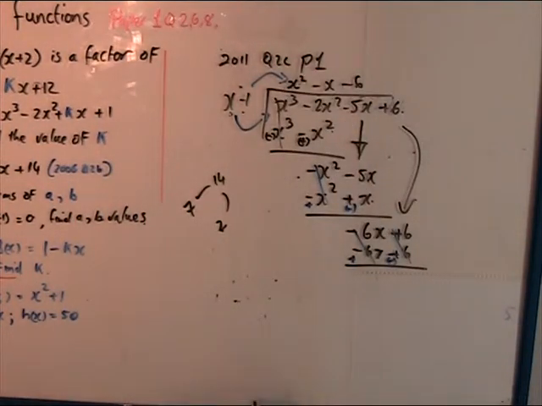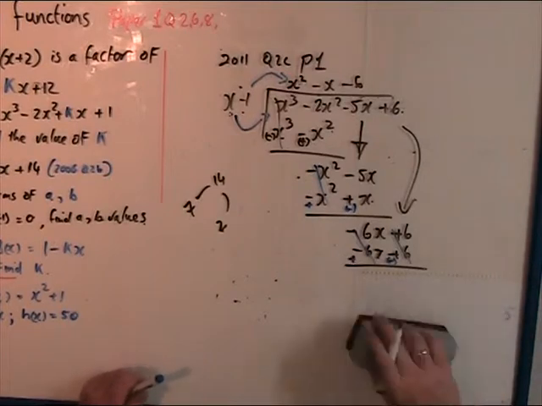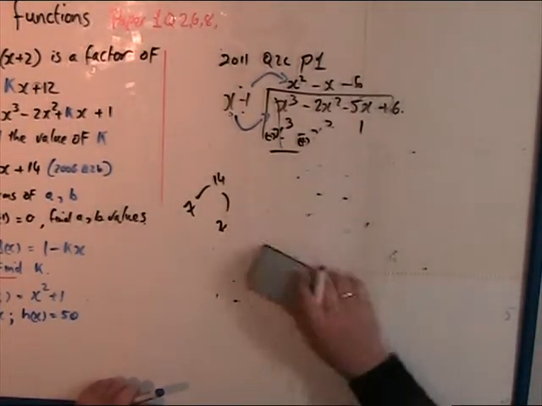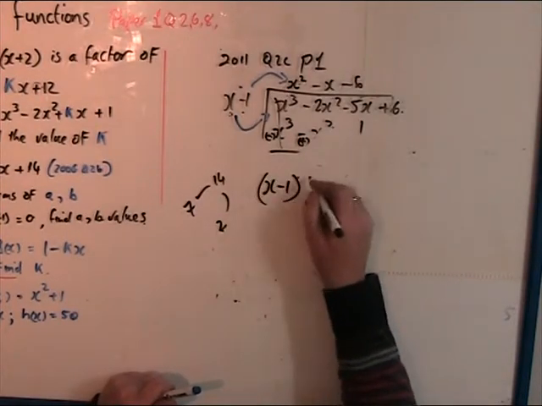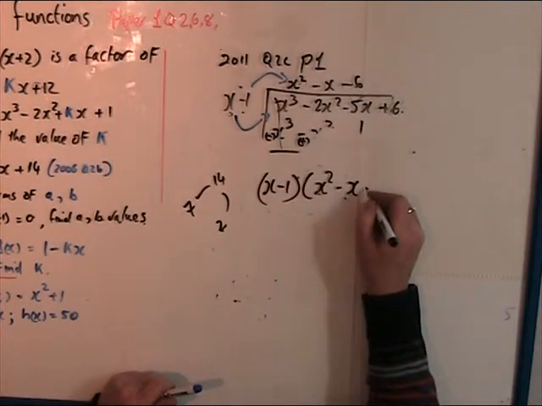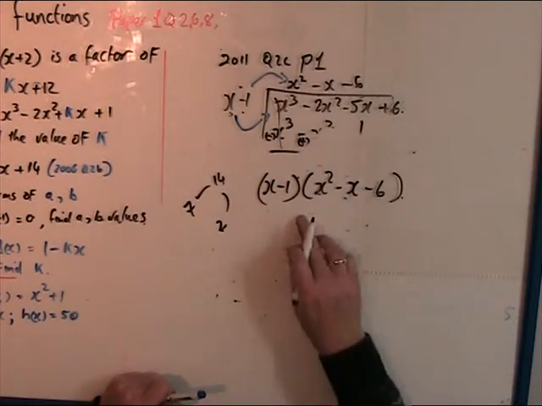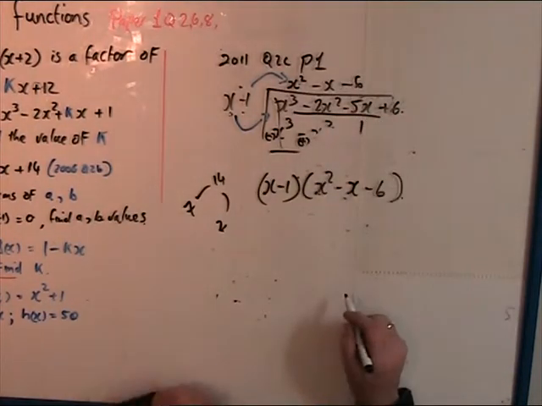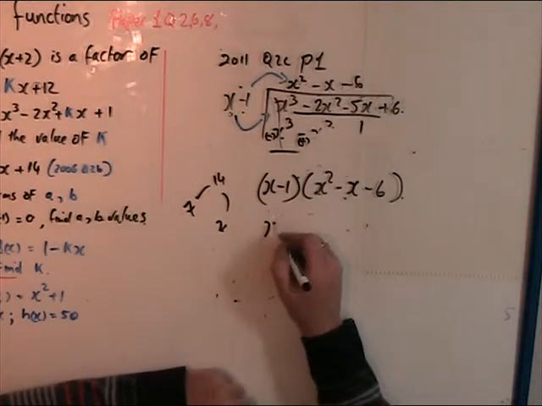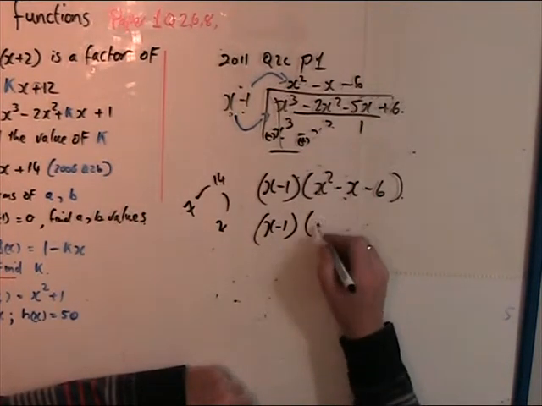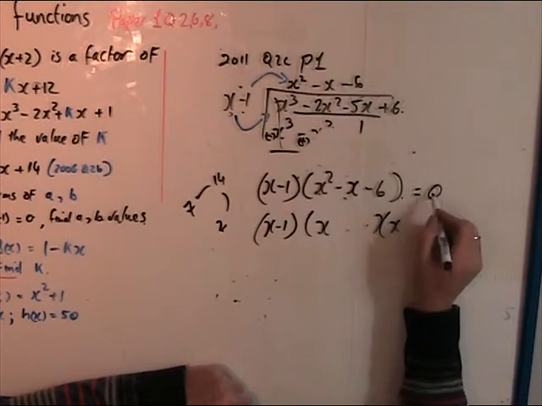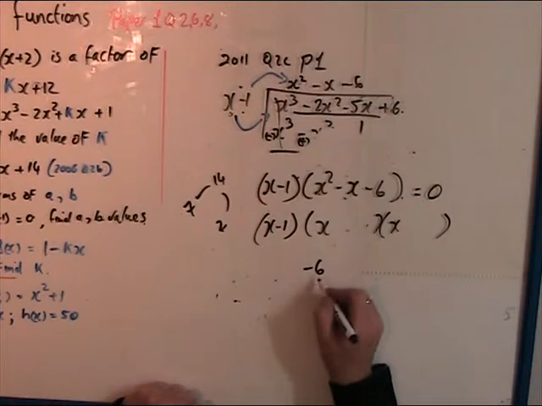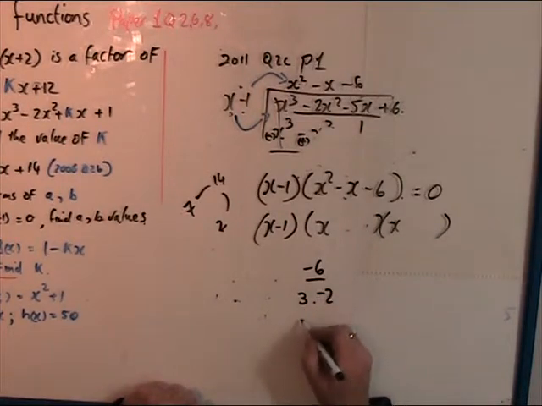Then I move on and I have to solve my quadratic equation, because now I know the factors are x minus 1 by x squared minus x minus 6. They are the factors of this cubic equation. So what are the factors of x squared? x by x, and it's all equal to 0. What are the factors of minus 6 that when added will give you the coefficient of the middle term?